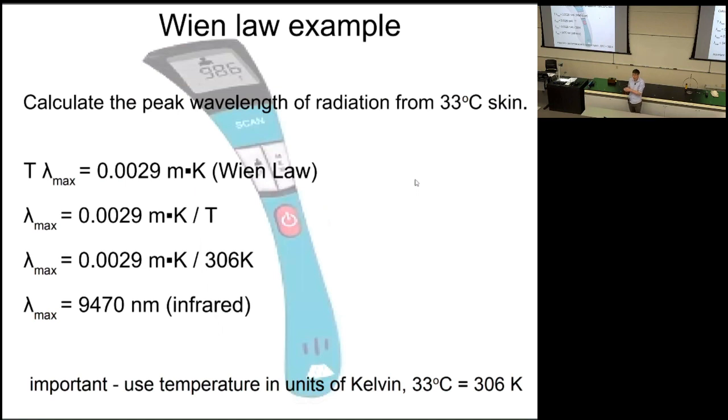You and I, we're basically imperfect black bodies. We are also radiating black body radiation because we're at some temperature. We're at about 33 degrees Celsius, and at 33 degrees Celsius you also radiate black body radiation.